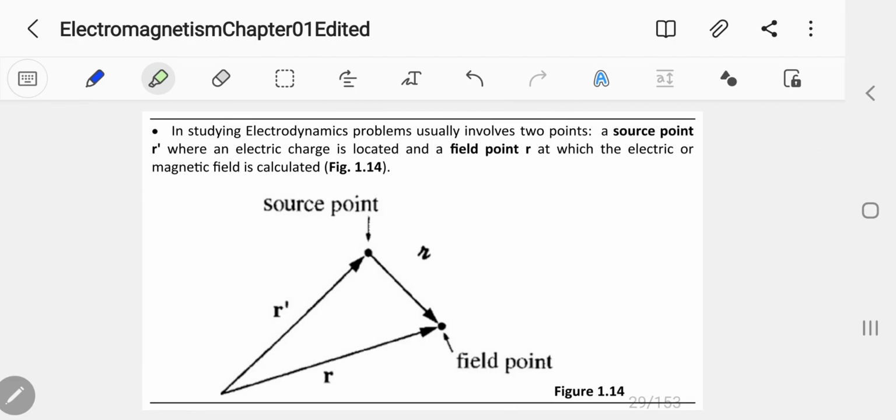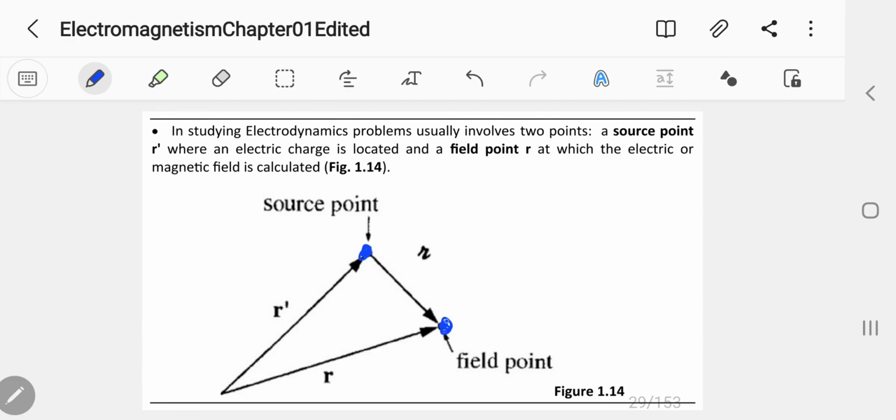Usually in electrodynamic problems, you will have a source point. A source point is where the electric charge is located. So a source point may be here, a source point may be here, and a field point. A field point is where you measure the electric field or the magnetic field.